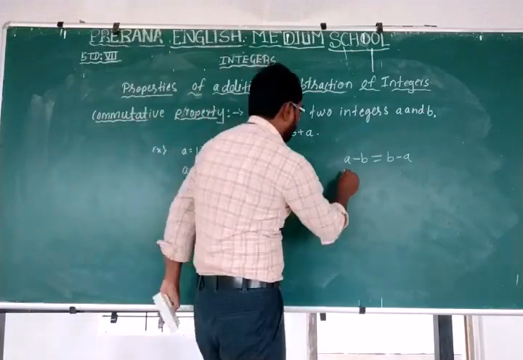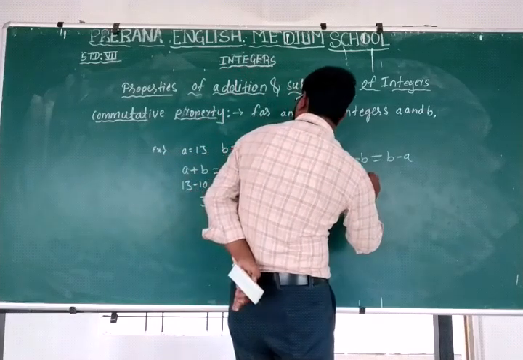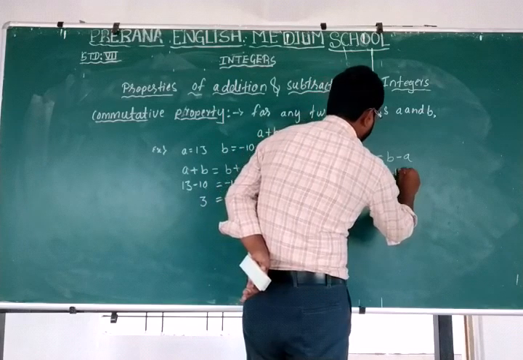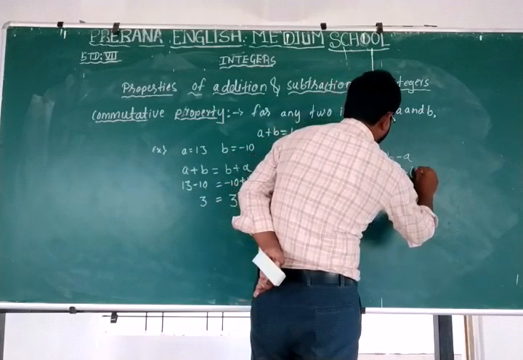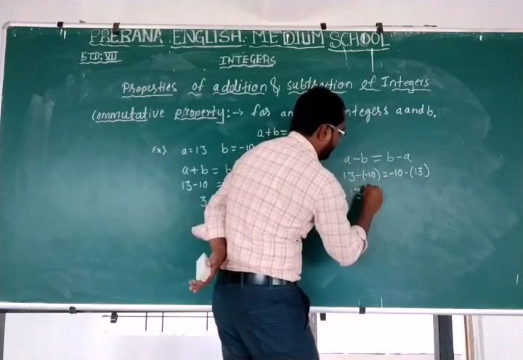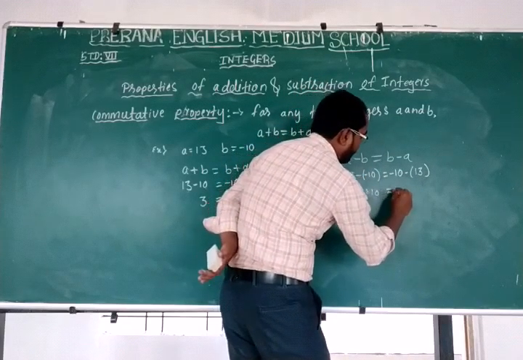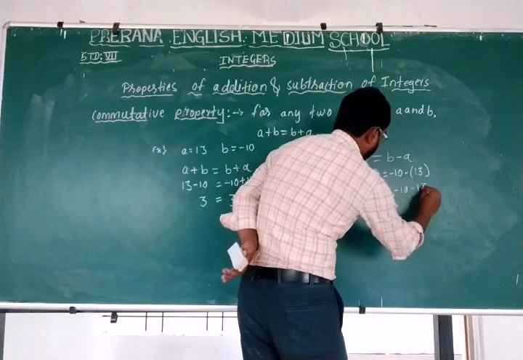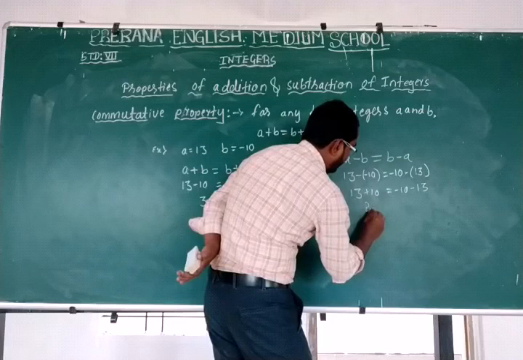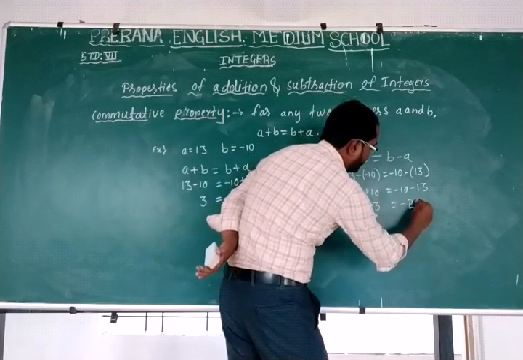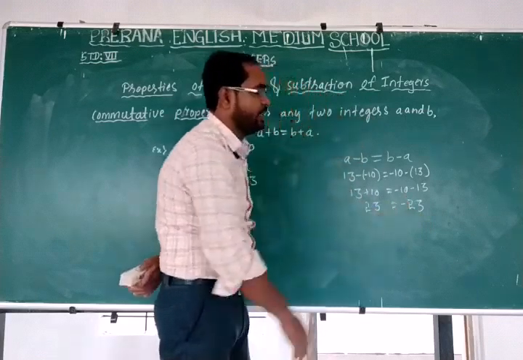Take the same numbers: 13 minus of minus 10, where b is minus 10, and minus 10 minus 13. How much will we get? 13 minus into minus will be plus 10, so you get 23, and here you will get minus 23. Here it is plus and there it is minus.